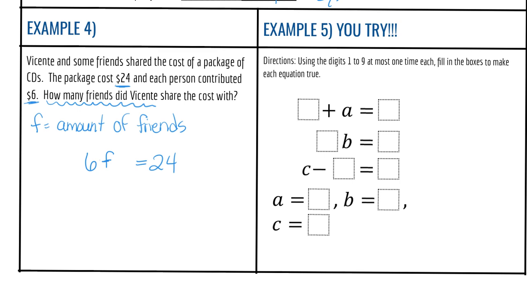So this is 6 times F. So I'm going to divide by 6 on both sides. Right? So this 6 divided by 6 is 1 whole. So I am left with F equals, and then 24 divided by 6 is just 4. So that means that he shared with 4 friends.